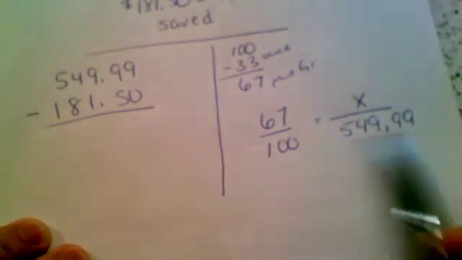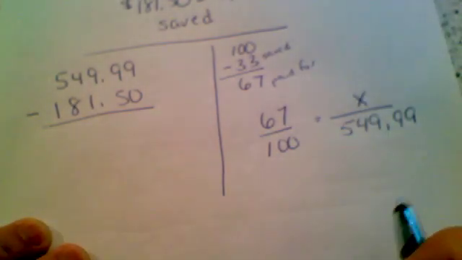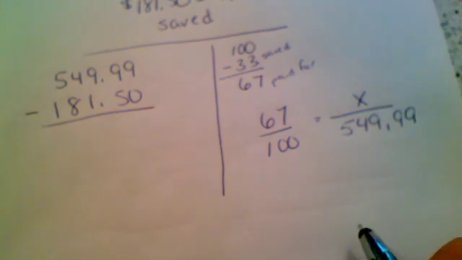And again, the original price is still the same price. We're trying to figure out now how much she would be paying after the discount. So they're both going to give you the same answer.